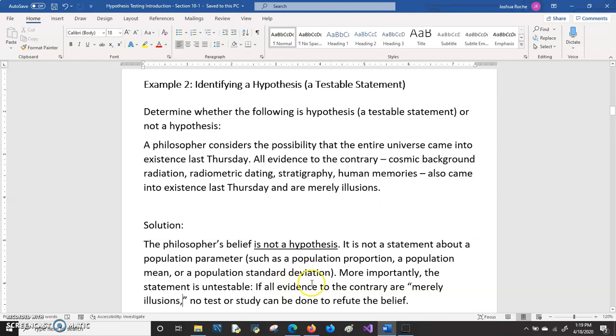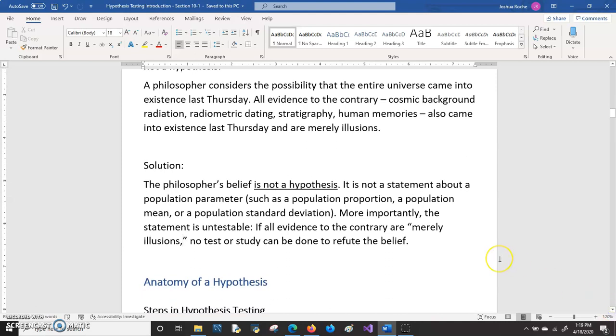If all of the evidence to the contrary are merely illusions, there is no test or study that can be done to possibly refute that belief. So it's a belief, it's an idea, but it's just not a hypothesis in the sense of a scientific or statistical hypothesis.